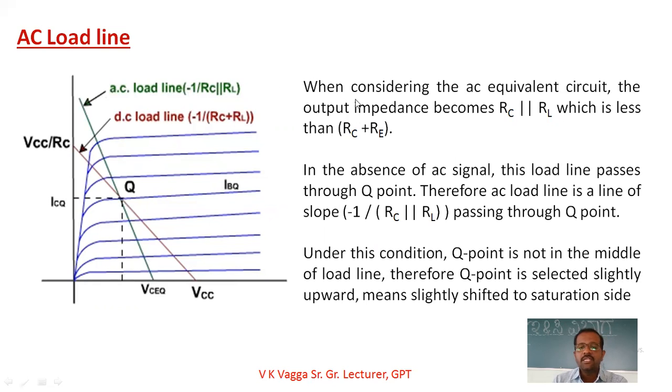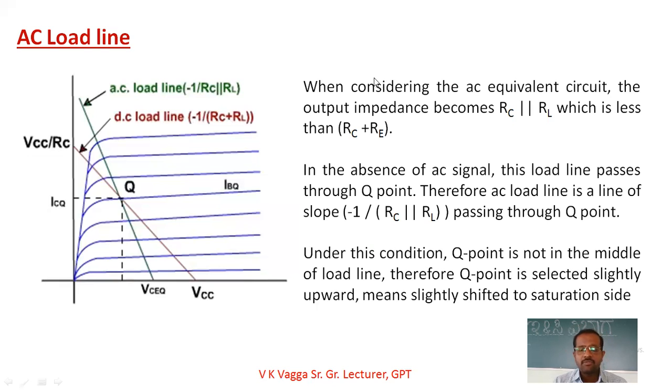When considering the AC equivalent circuit, the output impedance becomes RC in parallel with RL, which is less than RC plus RE. While calculating the equation for the DC load line, it has already been simplified in the previous classes that IC is equal to minus 1 divided by RC plus RE.